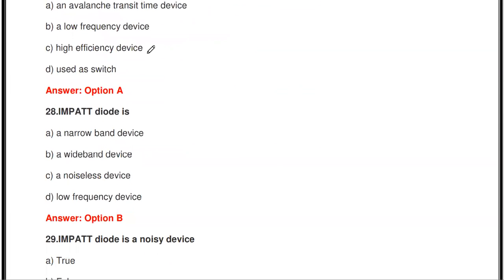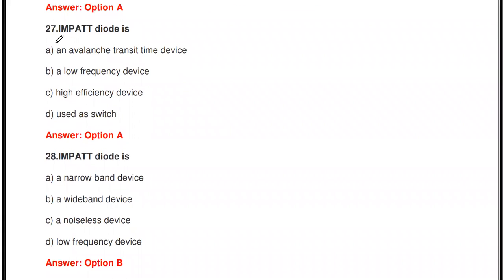So the next microwave semiconductor device is the impact diode. Impact diode is an avalanche transit time device, a low frequency device, a high efficiency device used as a switch. So impact diode is an avalanche transit time device.